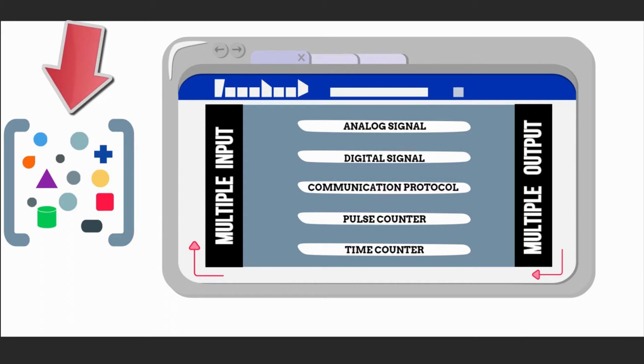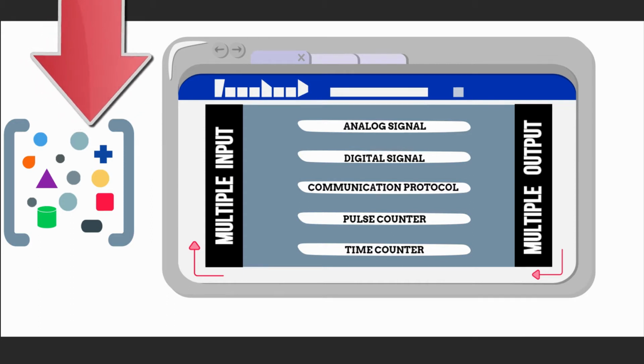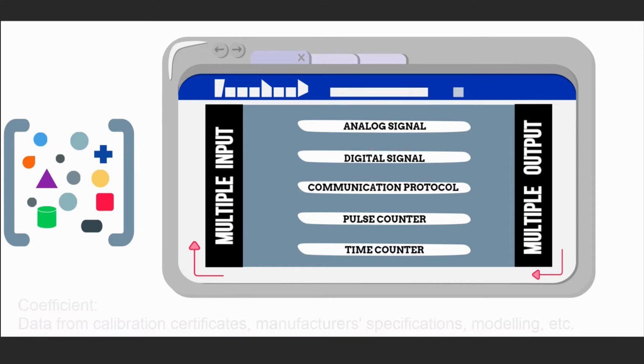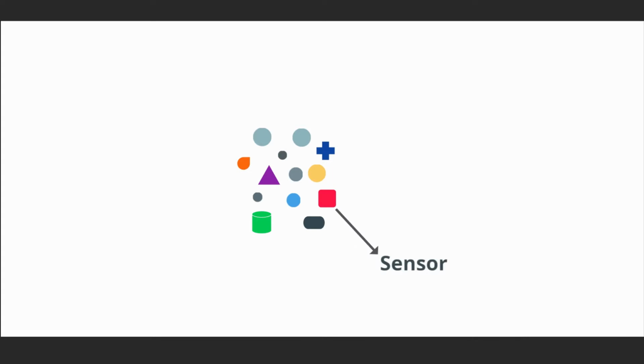Usually, those elements are inside of our software, as well as the coefficients and any other data that modify the raw number into the expected magnitude, or, for example, the function of a valve to open or close. Then, our software is just an intermediary of our sensors, valves, coefficients, and most of the data related to our calibration system. The problem consists of maintaining up to date each of these parts.